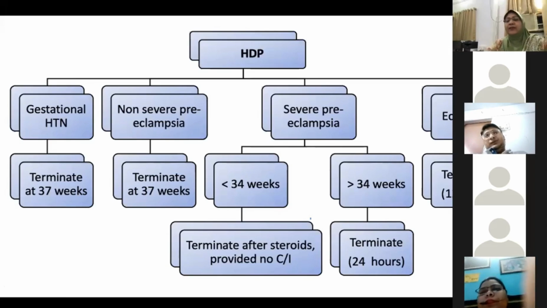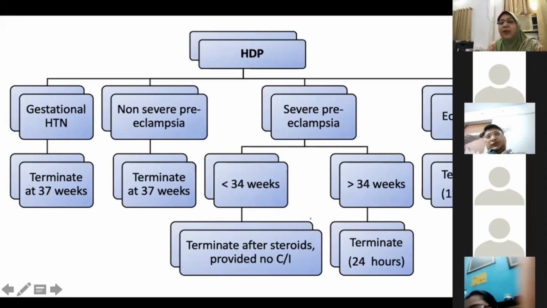Only in very few cases of severe preeclampsia, if they are less than 34 weeks, we will just give them corticosteroids, and then we will terminate after that. So this is the algorithm.